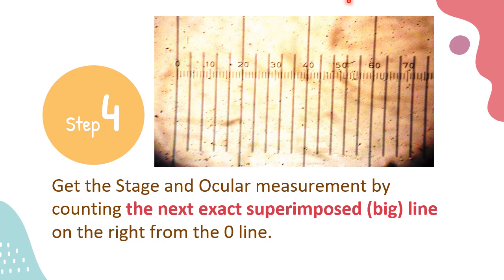Okay, so where they will superimpose is the value of both the ocular micrometer and the stage micrometer units. So in our sample, the next exact superimposition to the right from the zero line is here. Okay, please use the big lines to clearly see the superimposition.